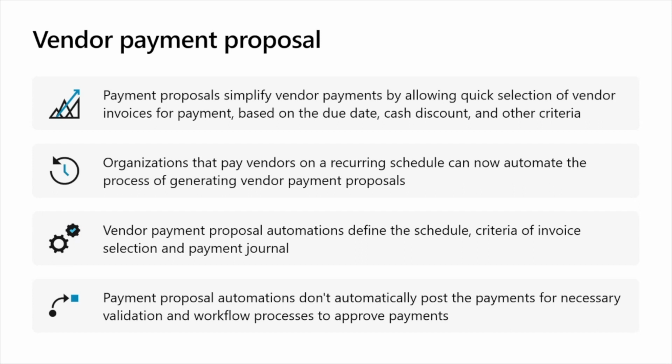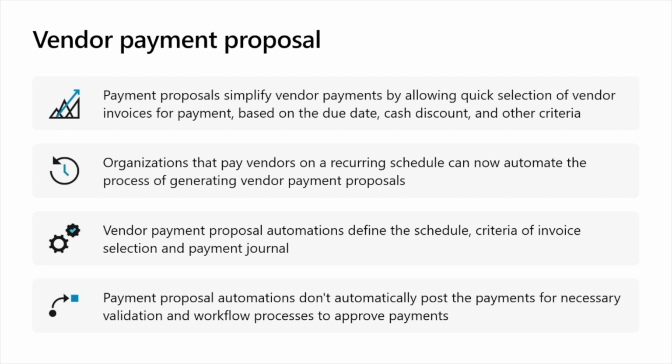That payment proposal picks up all those vendors that you should be paying, based on the due date or the cash discount, right? And you wait a few minutes and it generates the list for you.